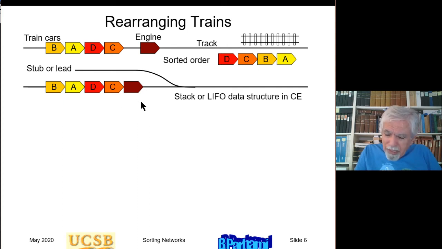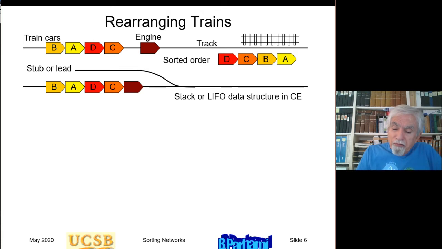So think about this again for a couple of minutes before advancing and see if this arrangement, just having a stub as shown, is enough for sorting any train, no matter what initial order the cars are in. Is it true that I can sort the train using this stub?